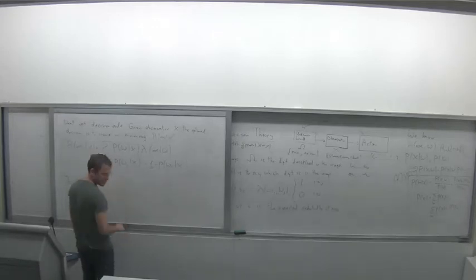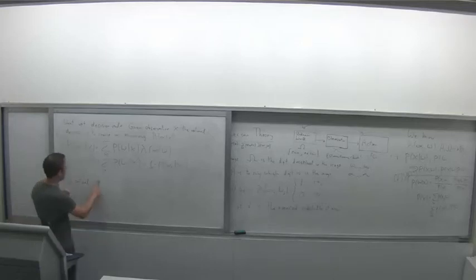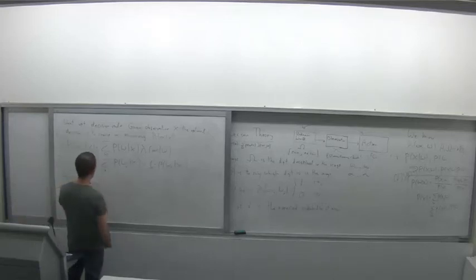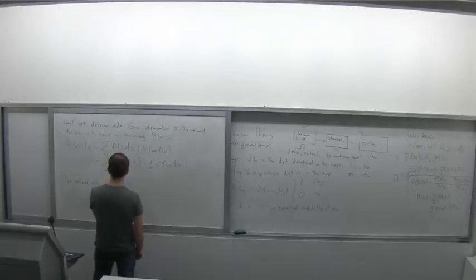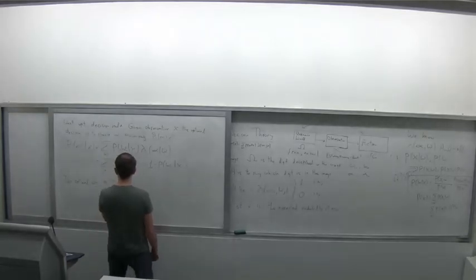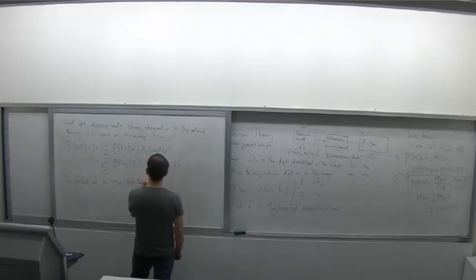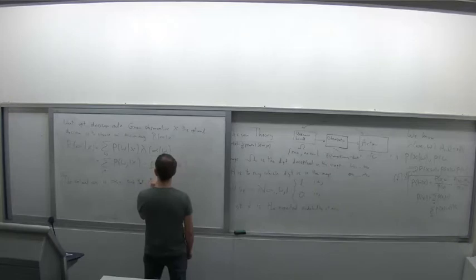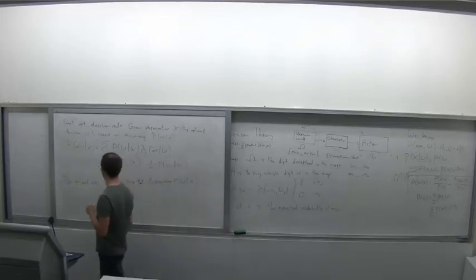The optimal alpha, I'm sorry. The optimal alpha, let's call it alpha i star, such that i star is the arg max over i of P of omega i given x. Okay?